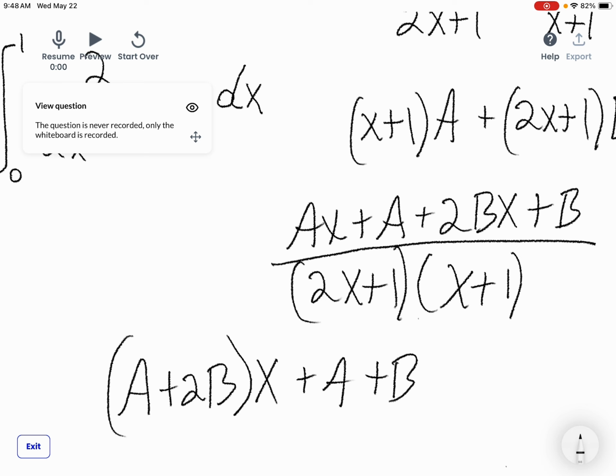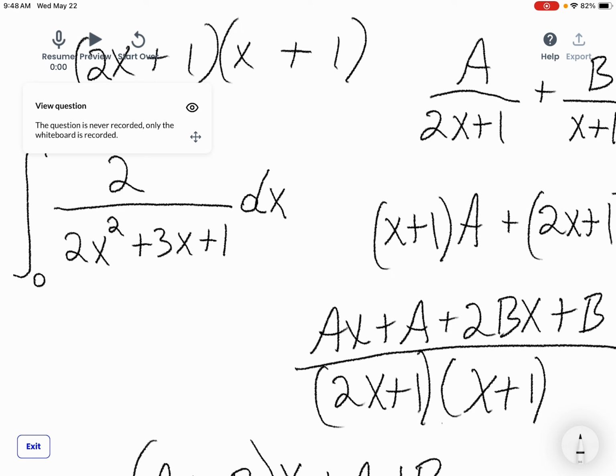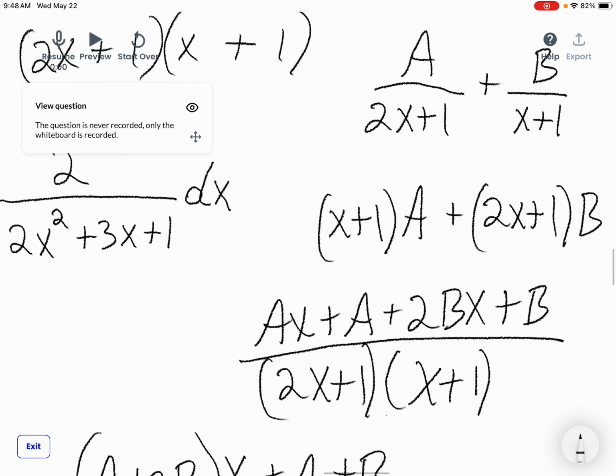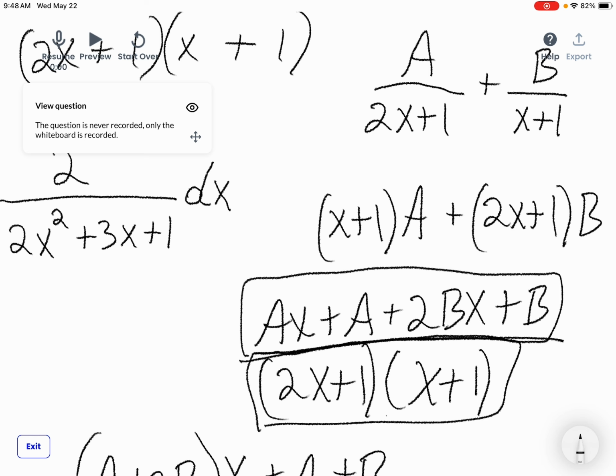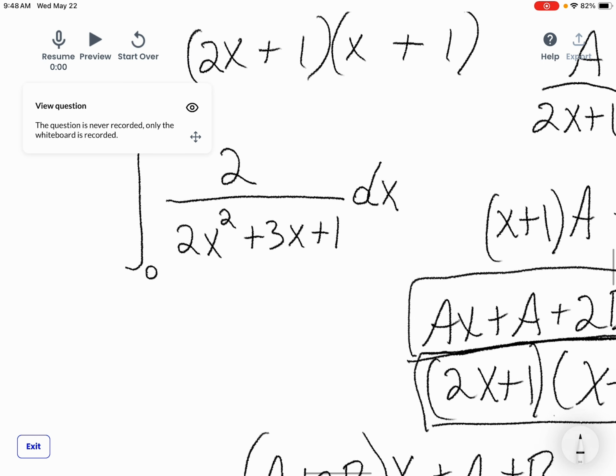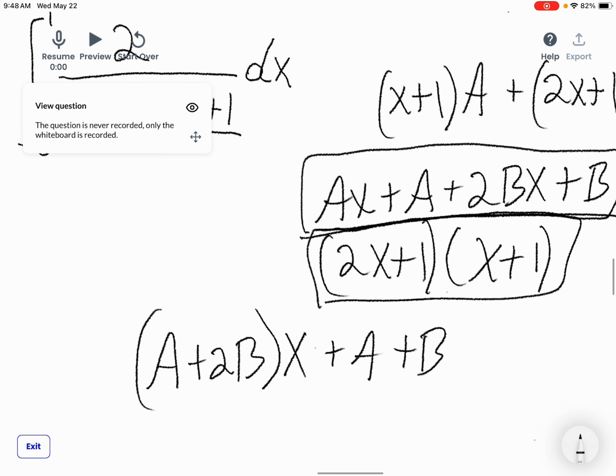But that must be equal to 2, because this is the same denominator we have right here, so therefore the numerators must be equal. So we can set this equal to 2.